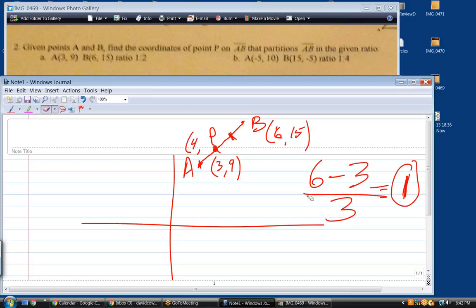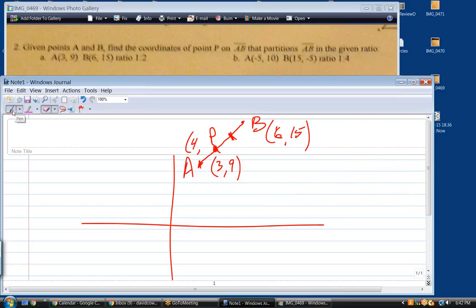With me? Yeah. Now let's do the same thing to get the y-coordinate. Let's subtract the 2 y-coordinates, divide by 3. That's going to be the y differential of each of those 1/3 segments, right? Okay. So what's the y-coordinate of P? Would it be 5? It would be 9 plus 2.